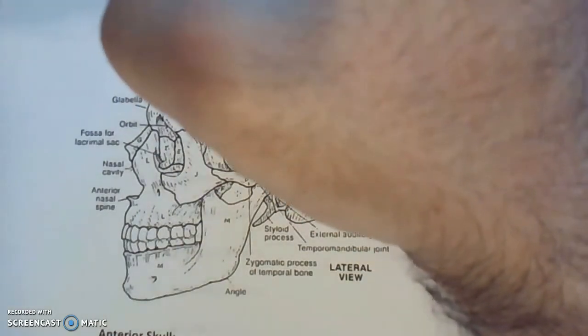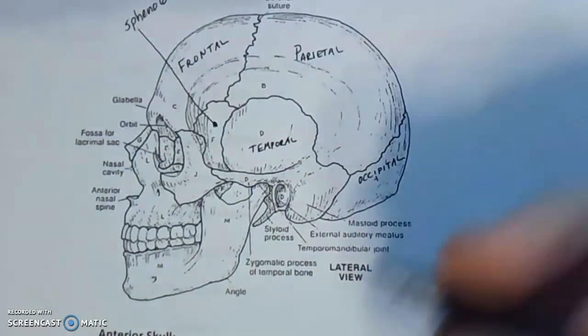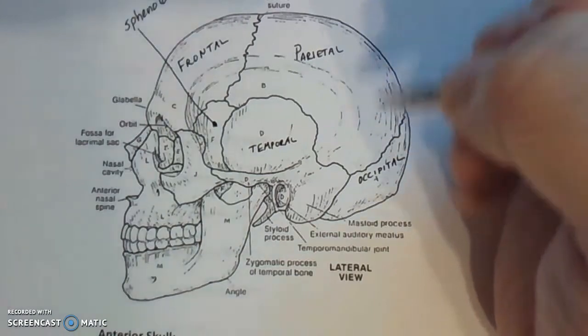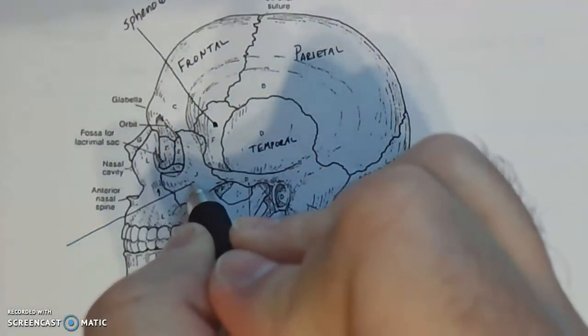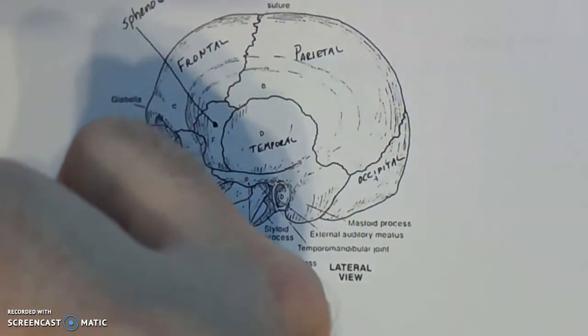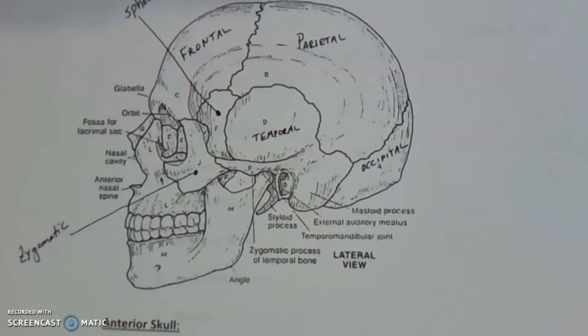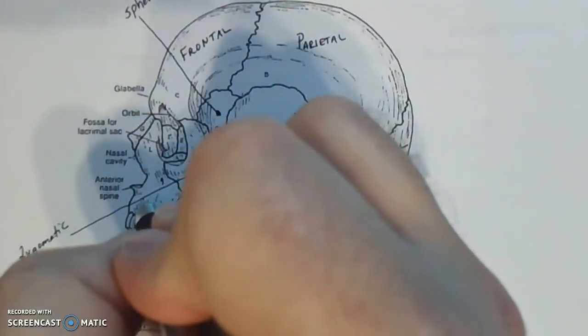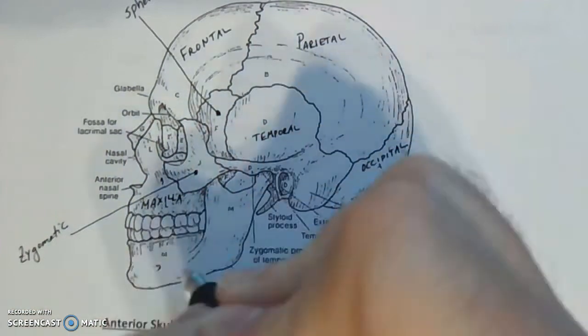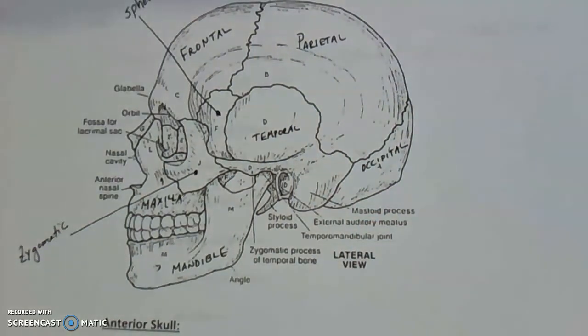This bone right here is the sphenoid. Bone J, which goes here and meets up with the temporal, is the zygomatic. L is the maxilla, and down here we have the mandible. Those are the major bones that we are going to be identifying on this view.